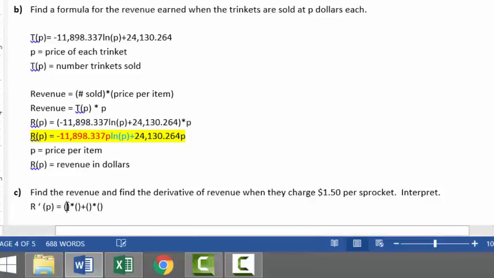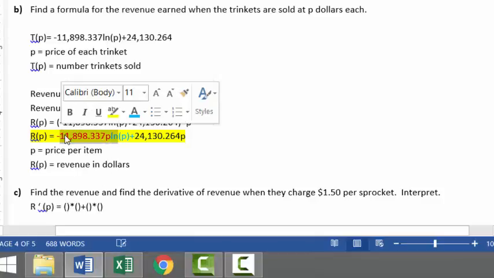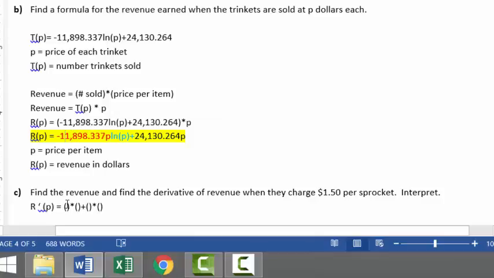So inside this first little parenthesis here, I have to find the derivative of the red function. The derivative of that red function is negative 11,898.337. Then I multiply it times the original blue function, ln of p. So there's f prime g. Now I have to add to it f g prime.